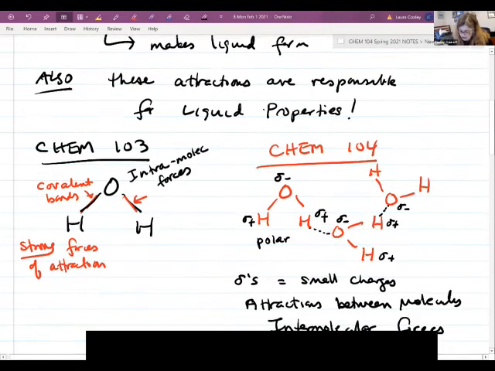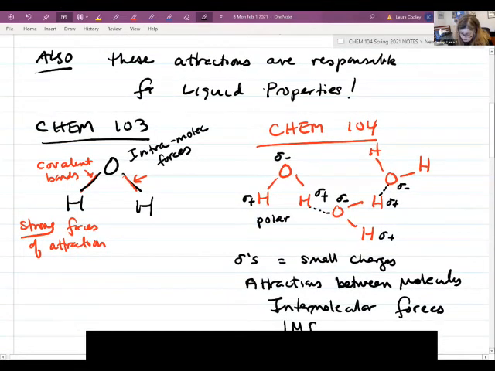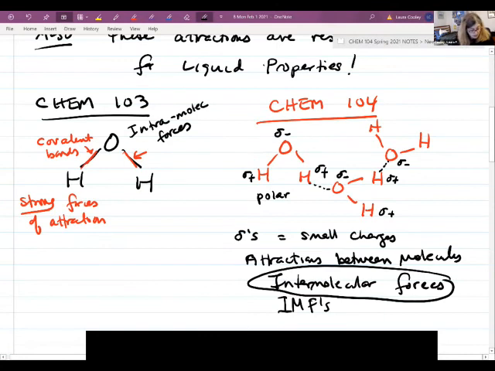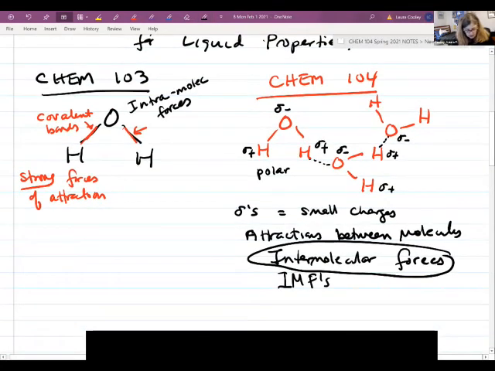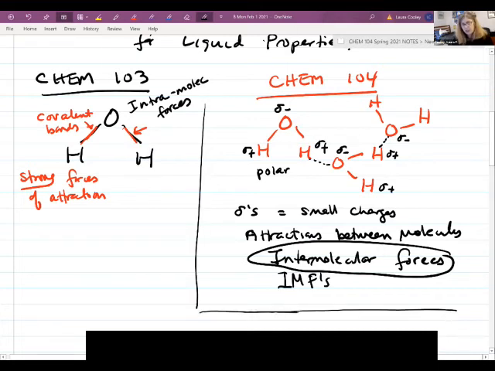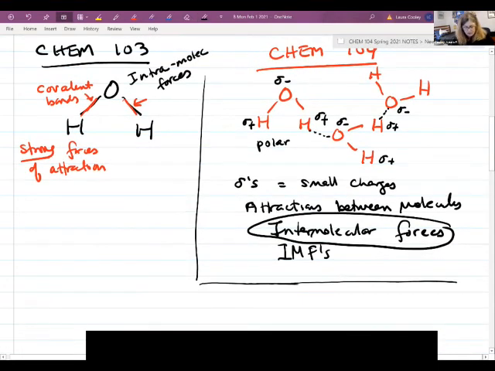So when I say IMFs, I'm talking about intermolecular forces. And we learn a lot about these in this unit. But I'm not going to launch into this yet. This is what we're going to start doing, but not quite yet today.